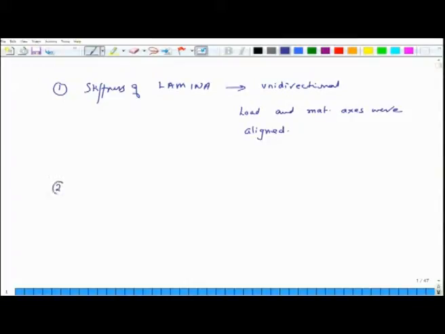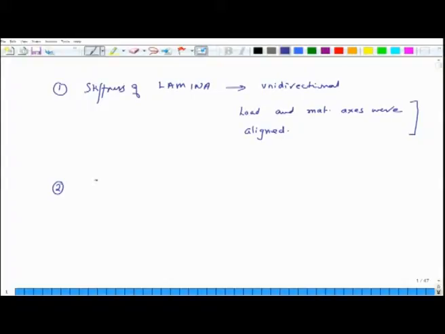In this first step, we expressed stiffness of the lamina in terms of first material constituents, which are fiber properties and matrix properties. Once we were confident of predicting the stiffness of lamina when the load and material axis both are aligned, then we made it a little more general.